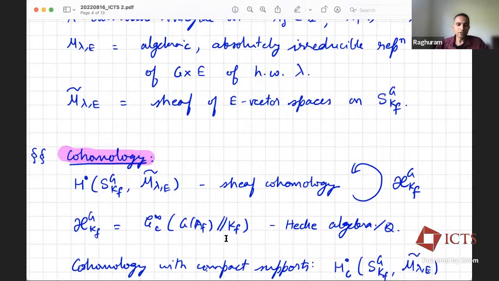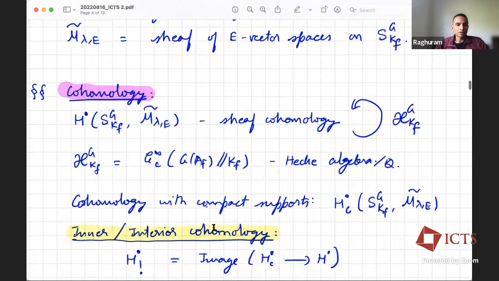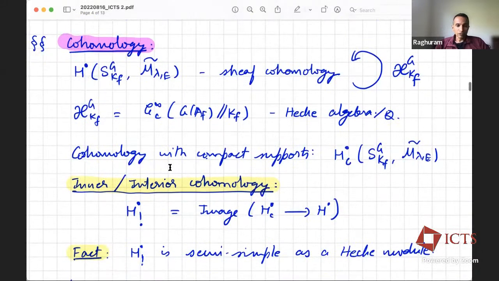Under convolution, it's an algebra, and it acts on these cohomology groups. I can also work with cohomology with compact supports, which I'll qualify with a little c. And inner or interior cohomology is, by definition, the image of cohomology with compact supports inside global cohomology.